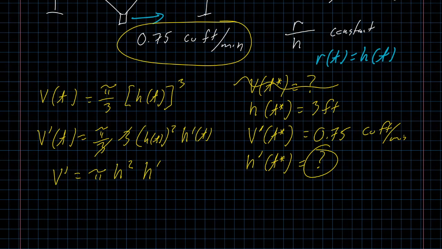V prime I know is 0.75. Pi, well, 3.14, the circle constant, I know what that is. H is 3, that's being squared.